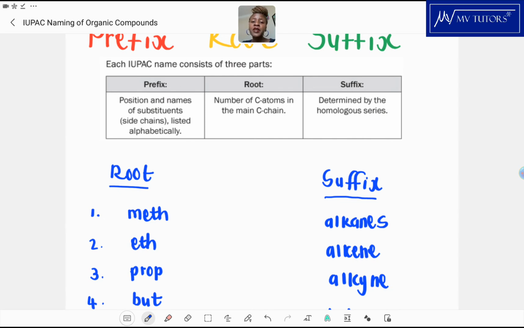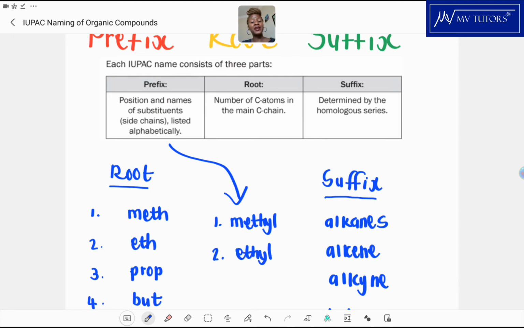The prefix: if you have a branch on your longest carbon chain, if it's one branch with one carbon atom, it's a methyl. If in that branch you have two carbon atoms, it's called ethyl.